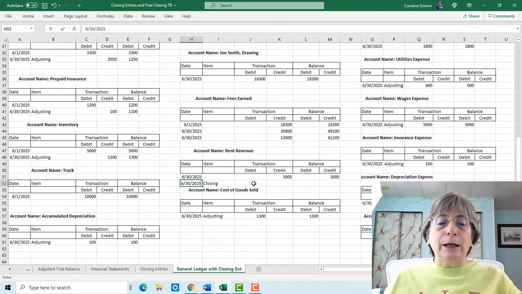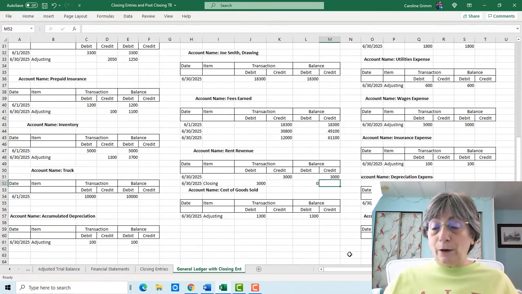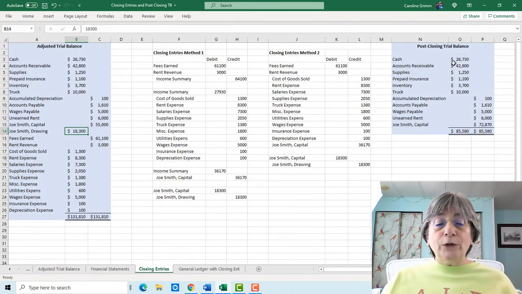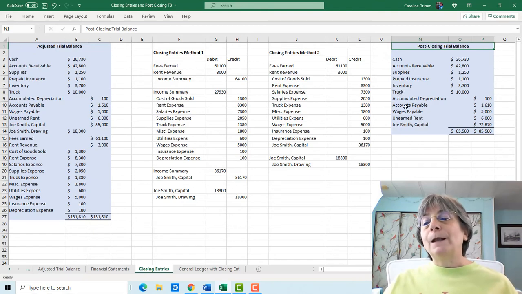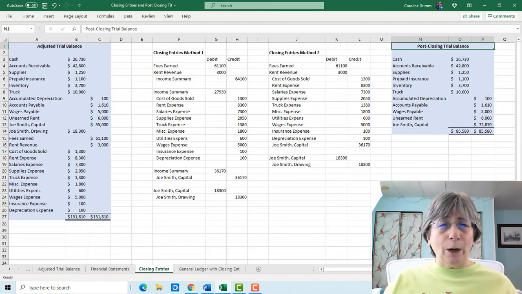We're doing it on the 20th, and we would be entering that debit there, which would give us a balance now of zero. So once we've posted all of those accounts, what we're going to end up with is a post-closing trial balance, and that is going to include only our assets, our liabilities, and our equity, our capital account. So that's method number 1.